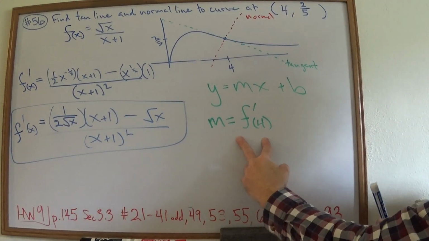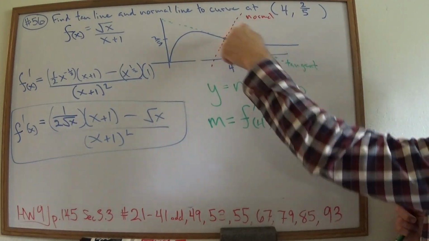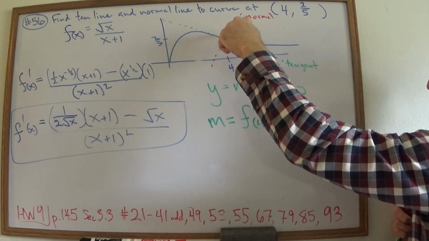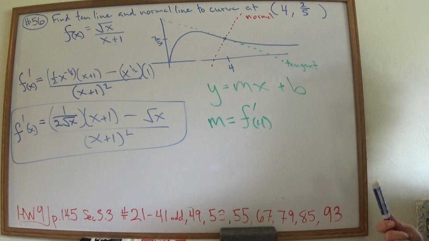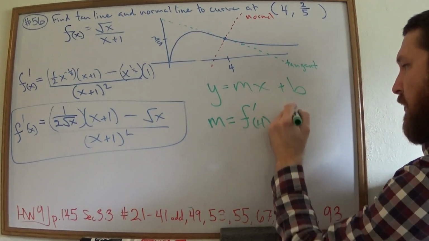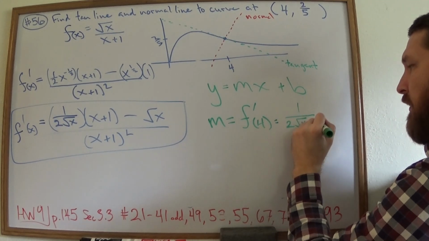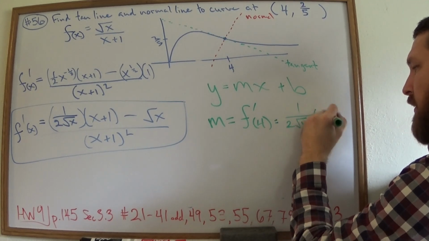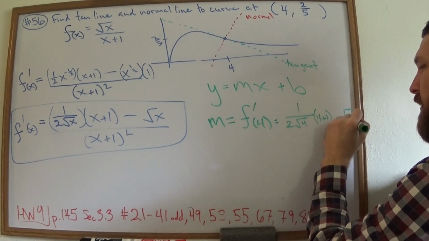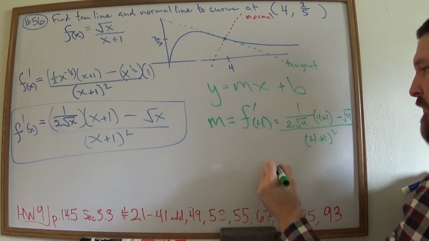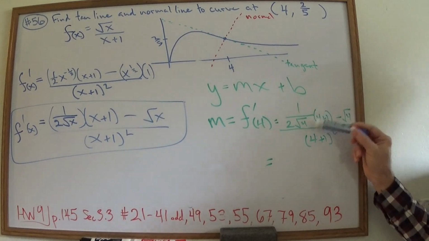Okay, so now, yes, the slope of this line needs to be the same as the slope of the curve at that point. You find that by plugging that number in. And so we have 1 over 2 times root 4, times 4 plus 1, minus root 4, all over 4 plus 1 quantity squared. So 1/4 times 5.